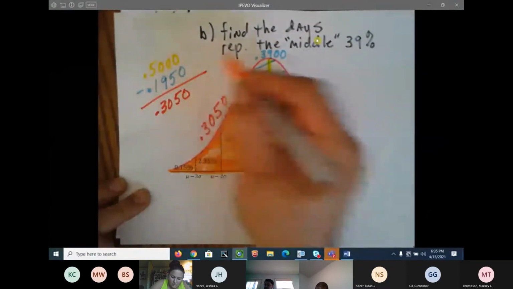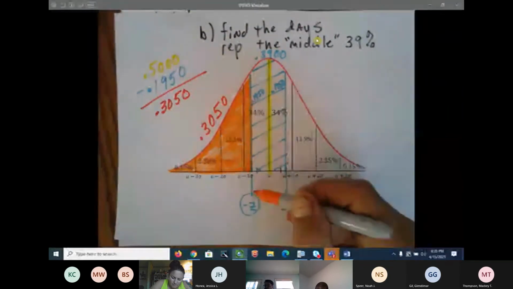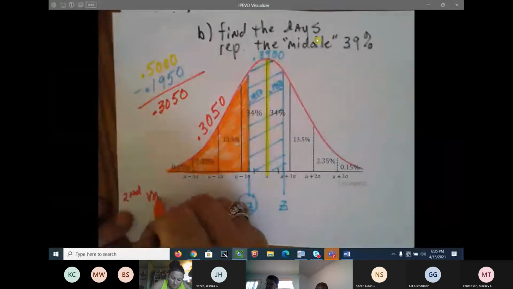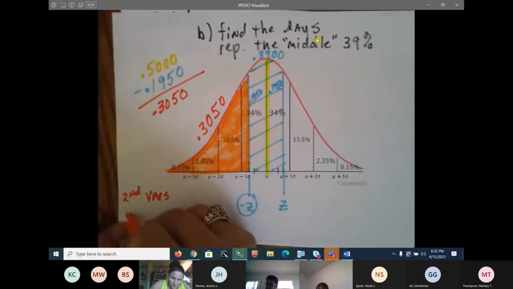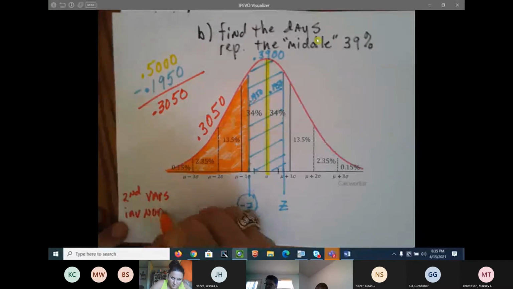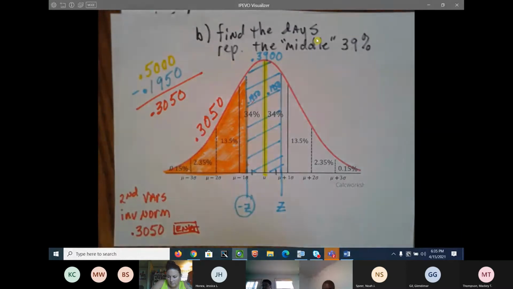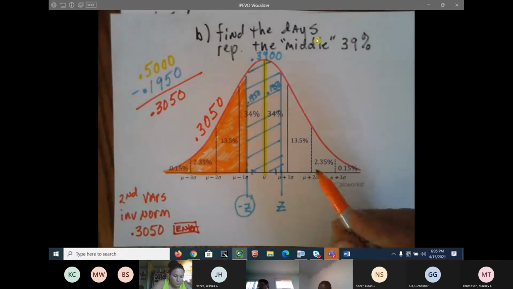Now you can use inverse norm to find this z-score. So second, vars, inverse norm, and I'm going to type in 0.3050 and enter. And I bet it's going to be, what, negative 0.6 or negative 0.7?